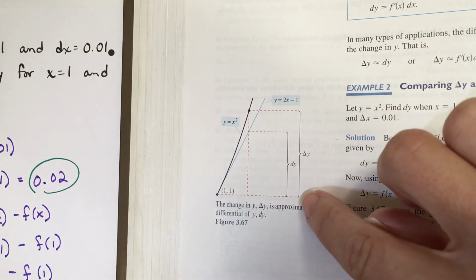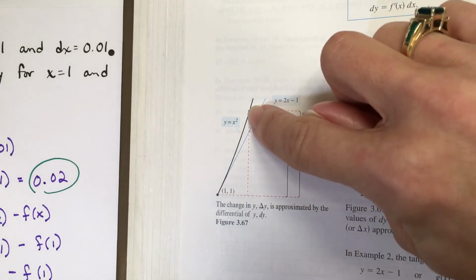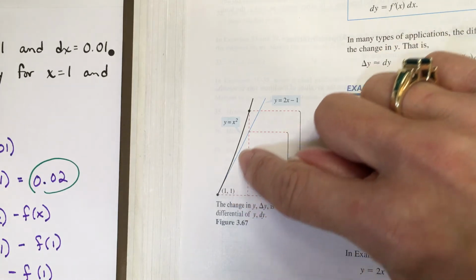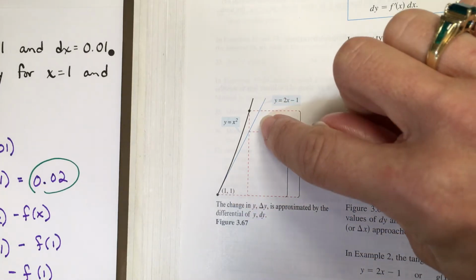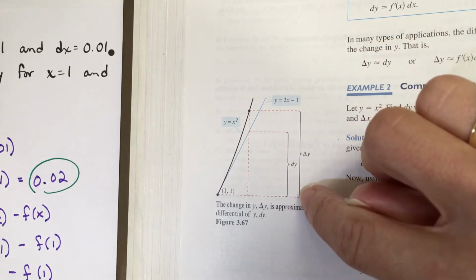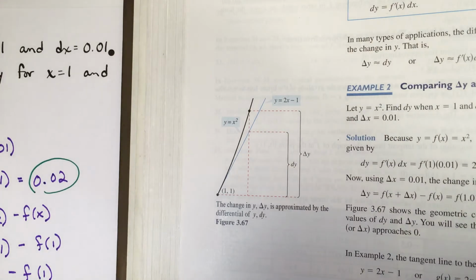And then your delta y, which is the actual change in y, comes back to the actual point. But it's just telling you that you can use this tangent line to get an approximation for the actual change in y, because sometimes it's a lot easier to work with your derivative versus your actual function, okay? So that's just an idea of what you were actually doing on that problem.